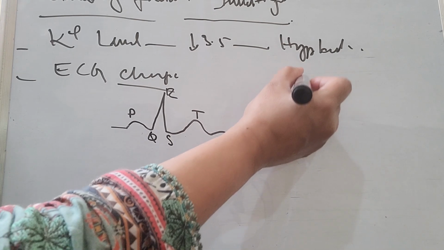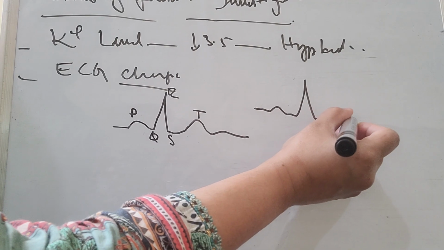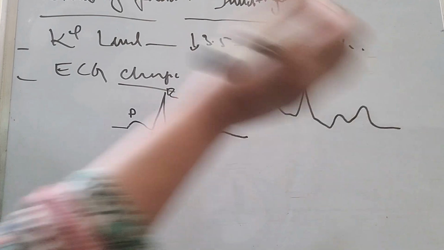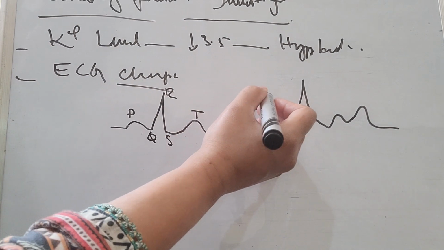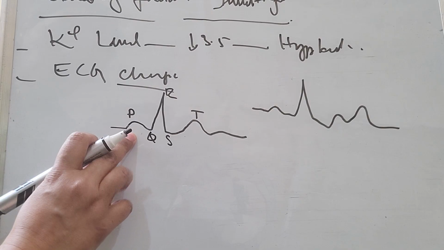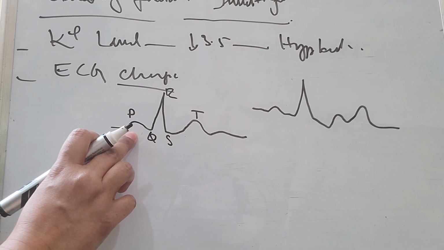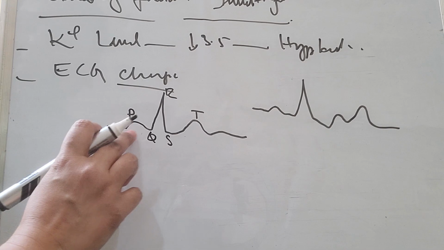Sorry, my drawing is not good, but I just want to show the difference. If you see in the normal ECG, the P wave is a normal P wave.